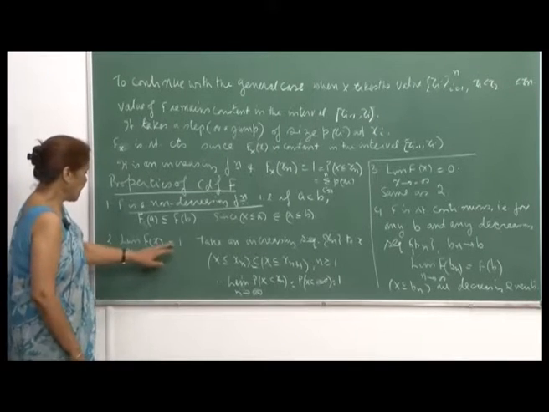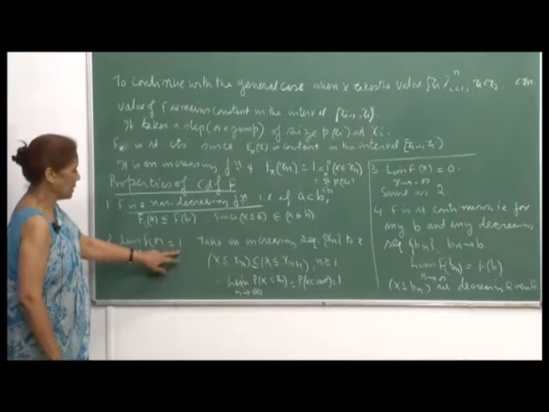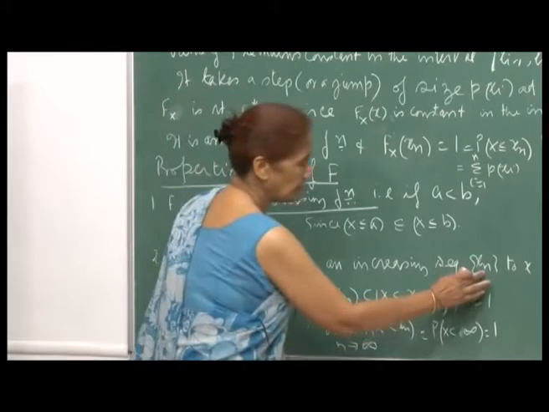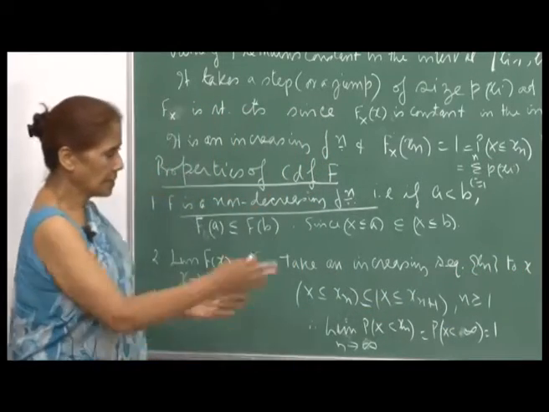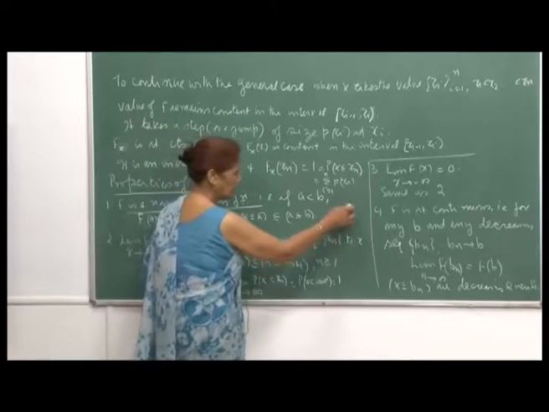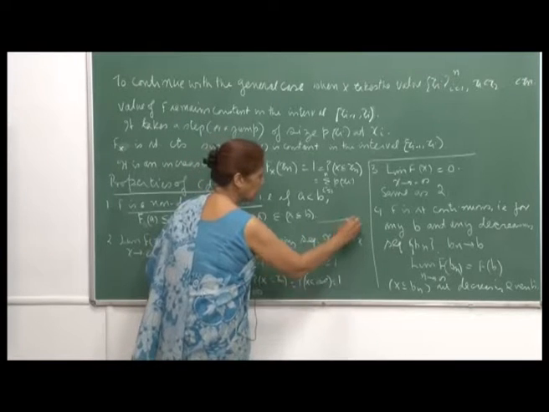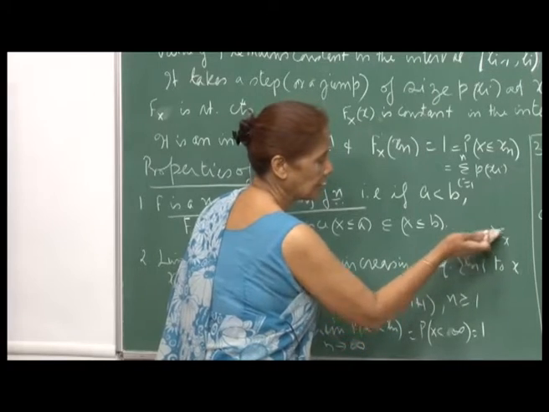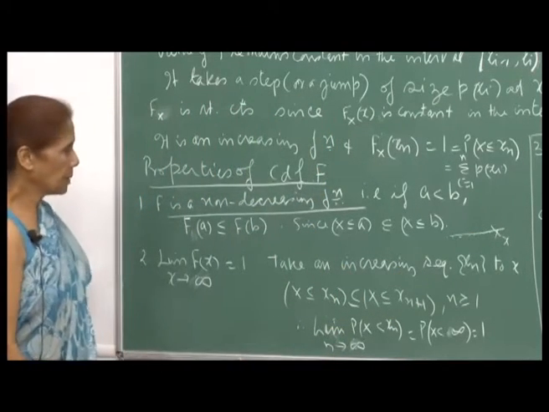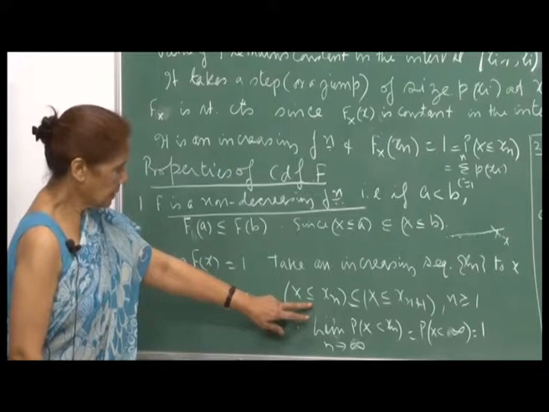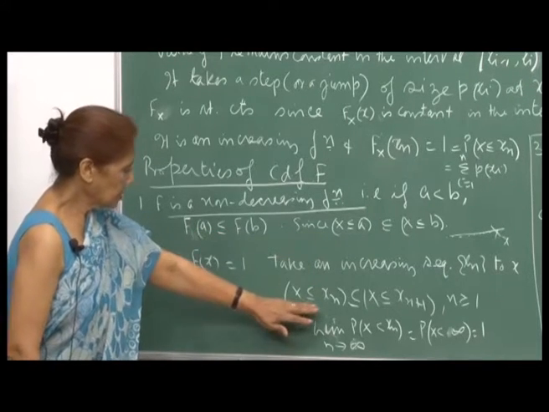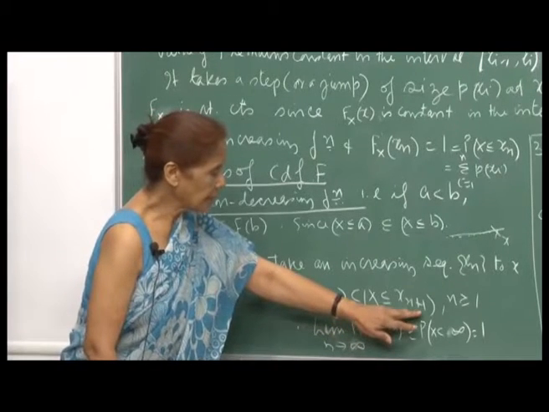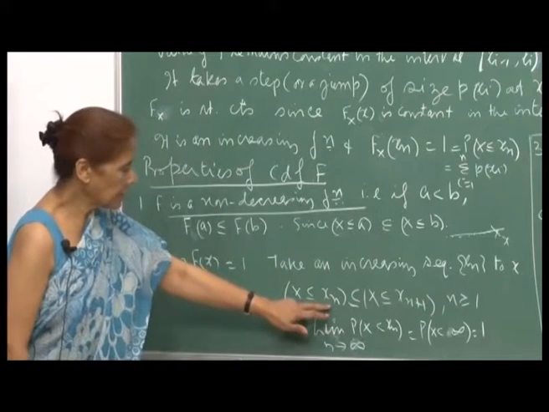Then the limit of F(x) as x goes to infinity is 1. So we take an increasing sequence of values x n to x, that means values keep on increasing. If you have an x here, then you are approaching x from below. All these values are increasing and you are reaching up to x. Then again, because of this property, the event X less than or equal to x n is a subset of the event X less than or equal to x n plus 1, because x n plus 1 is bigger than x n.